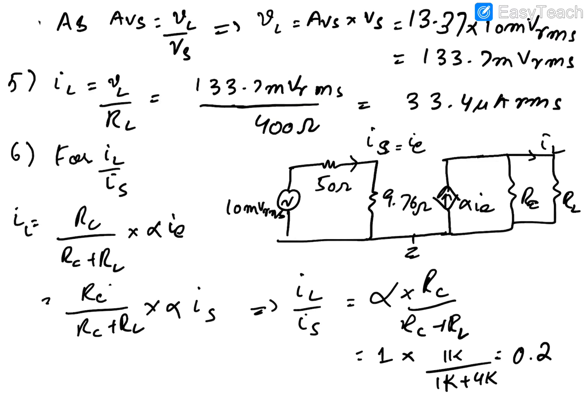As AVS is equal to VL over Vs, we can find the value of VL from this equation by multiplying the overall voltage gain with Vs, and it is equal to 133.7 millivolt RMS.